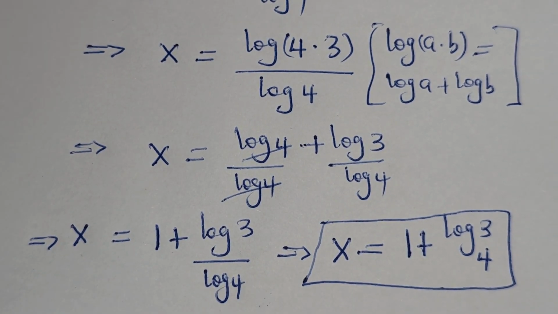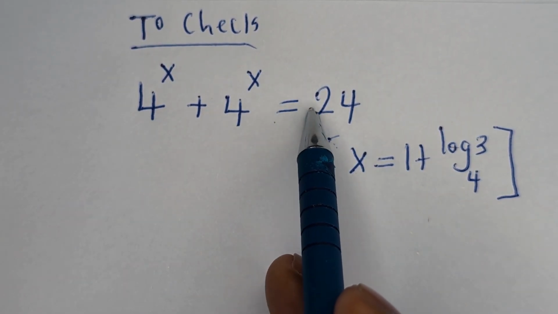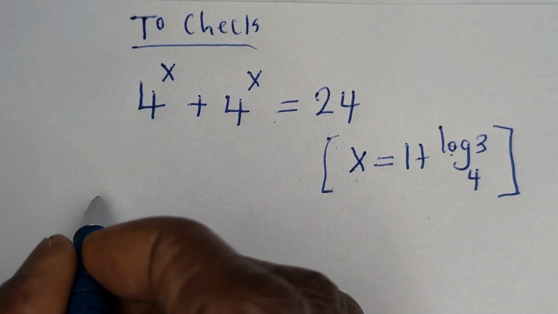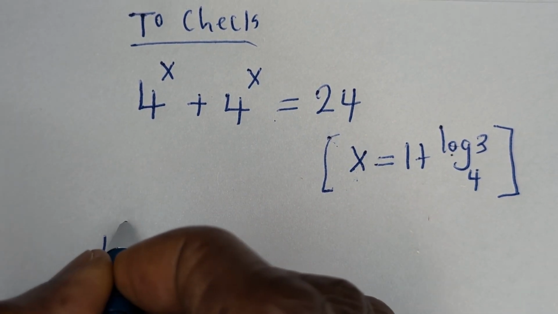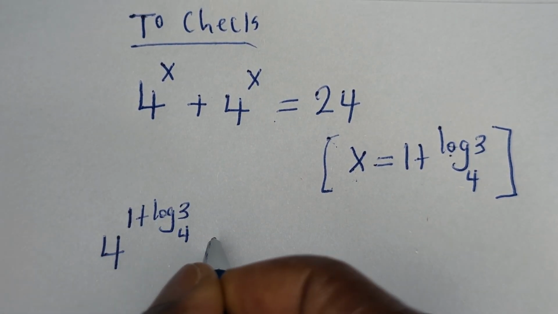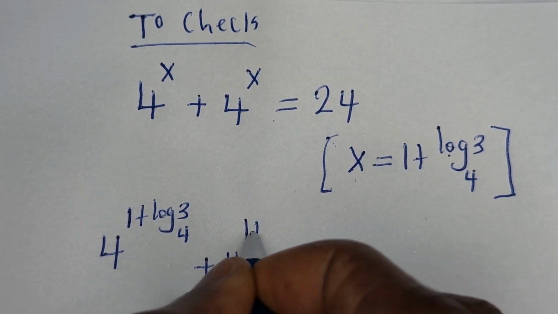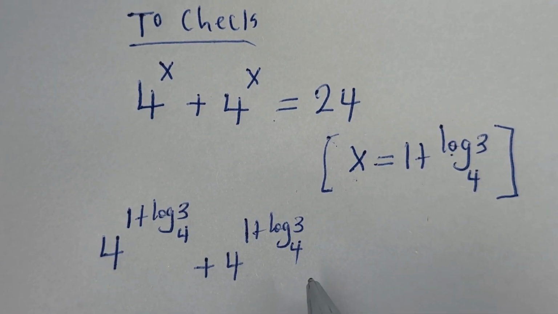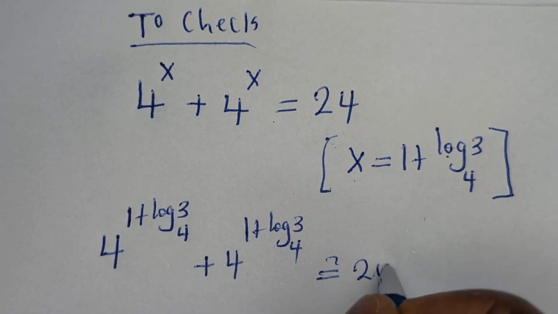Let's check. To check, we have the given equation 4 raised to power x plus 4 raised to power x is equal to 24, when x is equal to 1 plus log 3 base 4. Then here we have 4 raised to power 1 plus log 3 base 4 plus 4 raised to power 1 plus log 3 base 4 must be equal to 24.